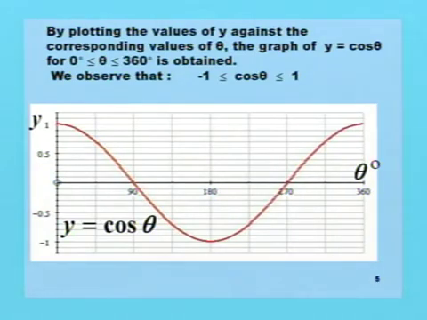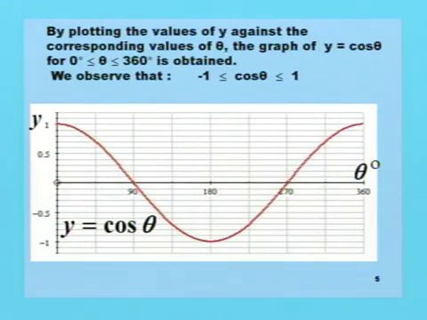So, cosine of 90 is 0. Then you keep sloping down to a minimum value of minus 1. The graph turns up at that point, and cosine 180 degrees is equal to minus 1.